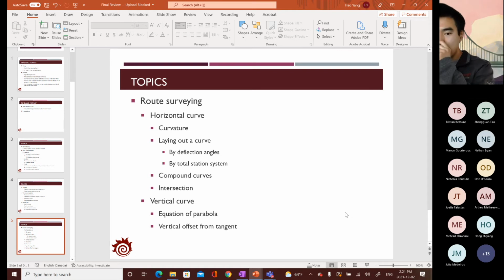But you can go back to review your homework, the 2 homework assignments this year. There will be a very similar format of questions, and the questions in the final exam will be very similar to your homework questions, and also simpler than most of the questions in your homework assignment.